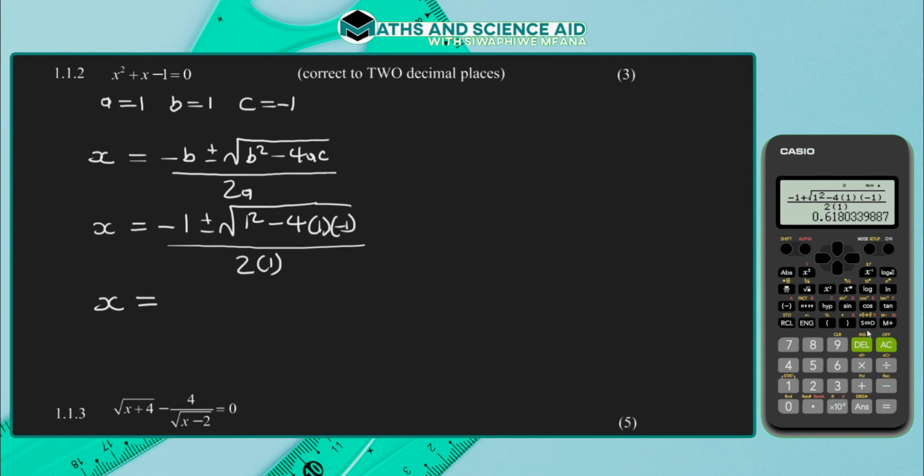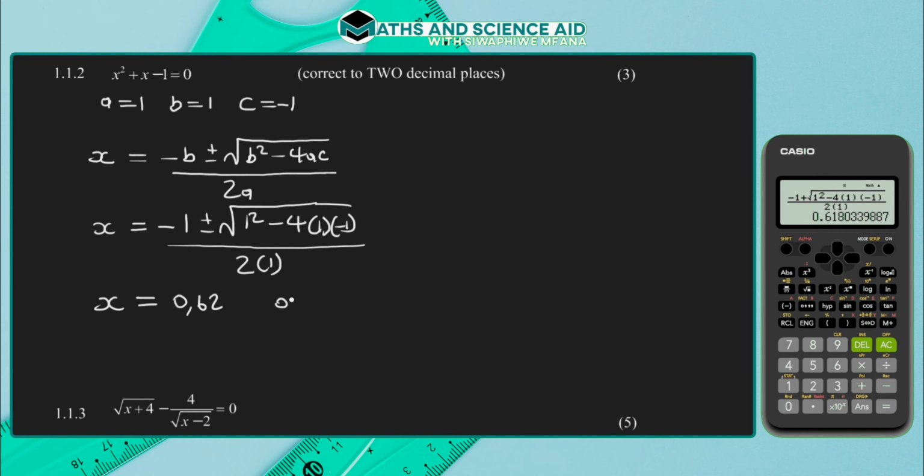And so we see that the answer is 0.6180 and so on. But since we are correcting to 2 decimal places, this will just be 0.62.